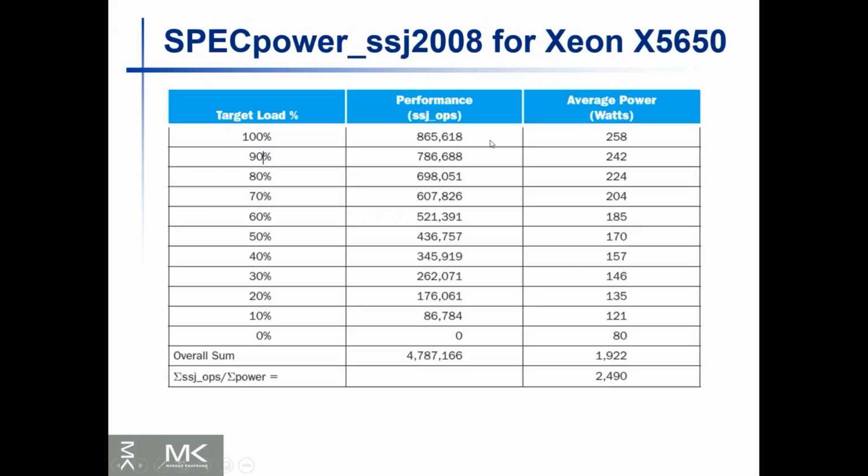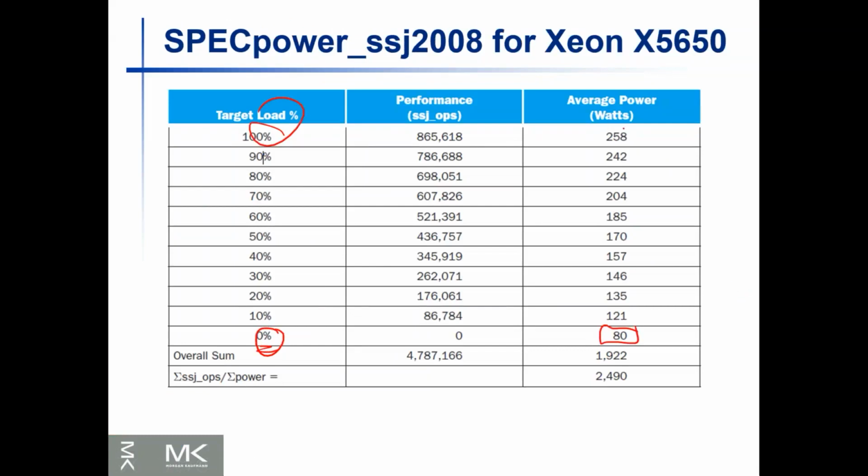Here's a benchmark for the Xeon X5650. An important thing you can see here is that when the server has 0% load, it's still consuming a base of 80 watts.